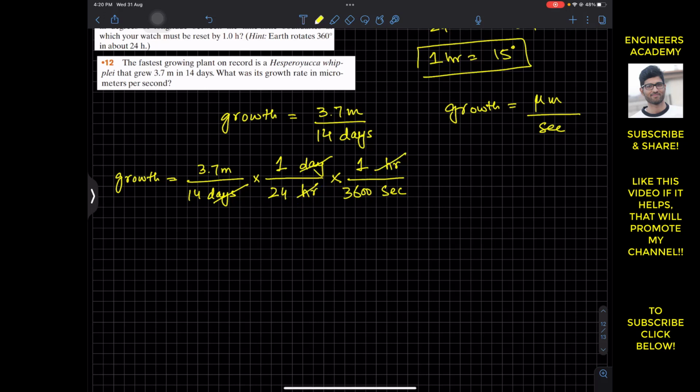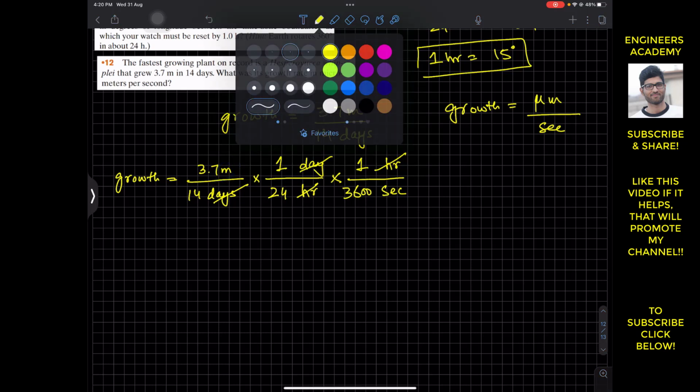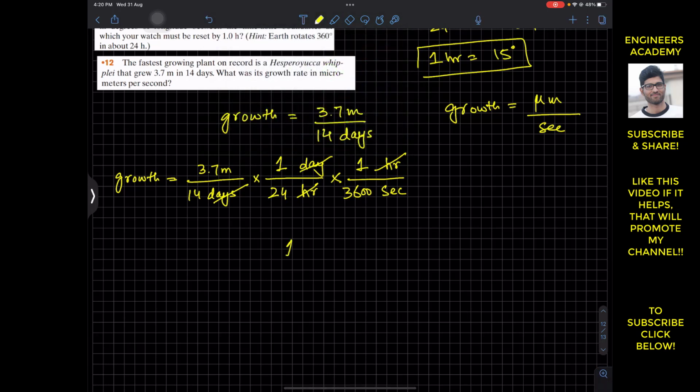So we have changed these days into seconds, and we need seconds in the denominator. Next we need to convert these meters into micrometers. So we know that 1 micrometer is equal to 10 raised to the power minus 6 meters.